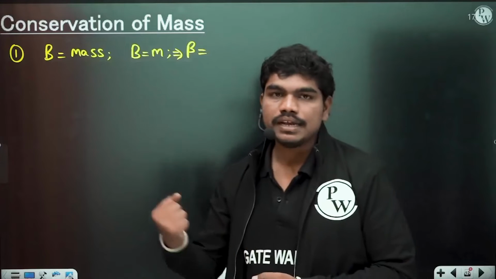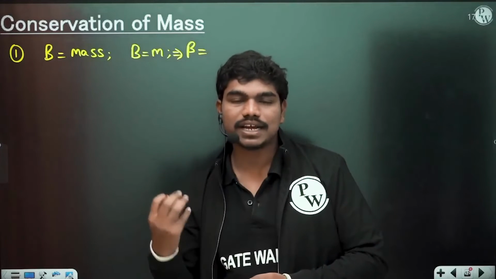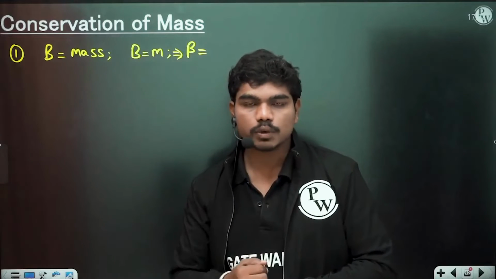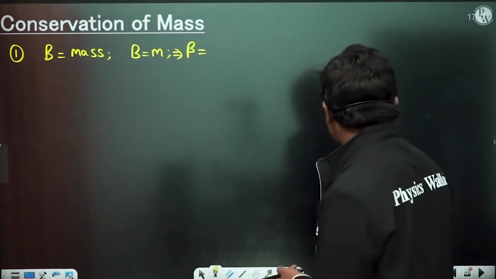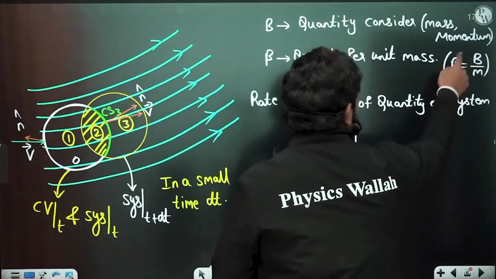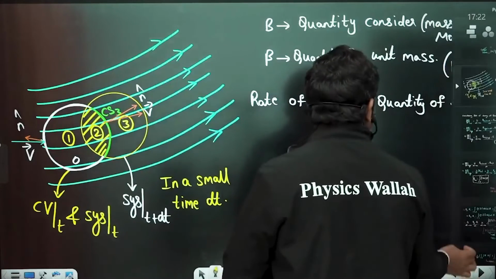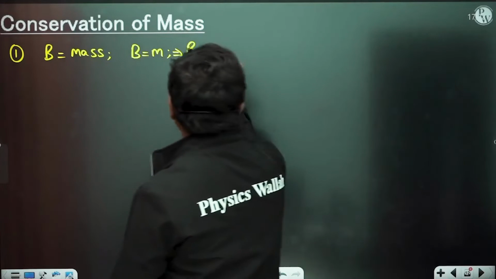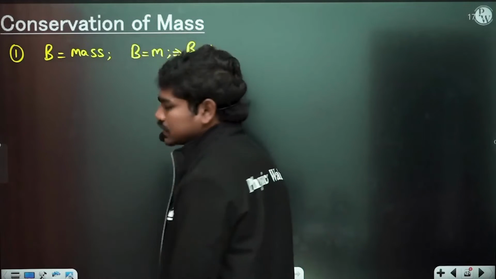So if I take my quantity as mass itself, mass by mass, what is the value? 1, correct? Because we have defined beta as capital B divided by mass, so beta is equal to 1 in this case.